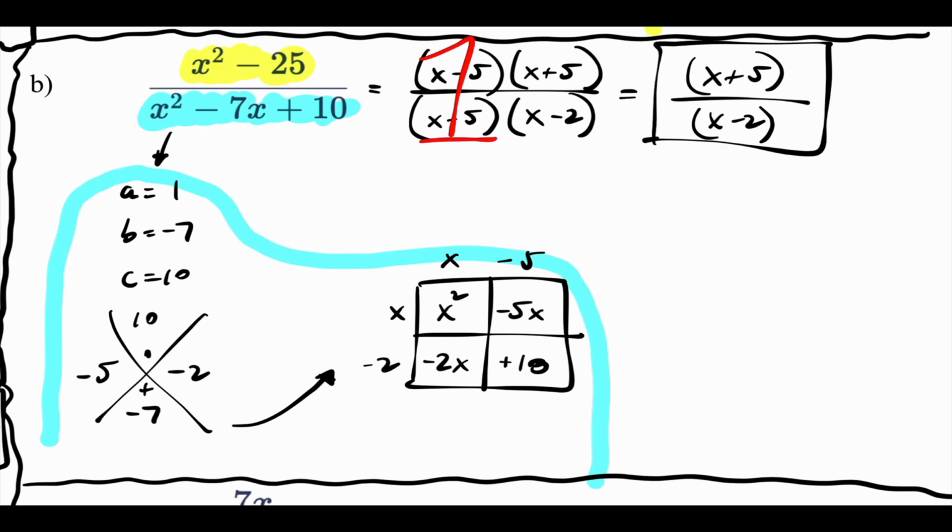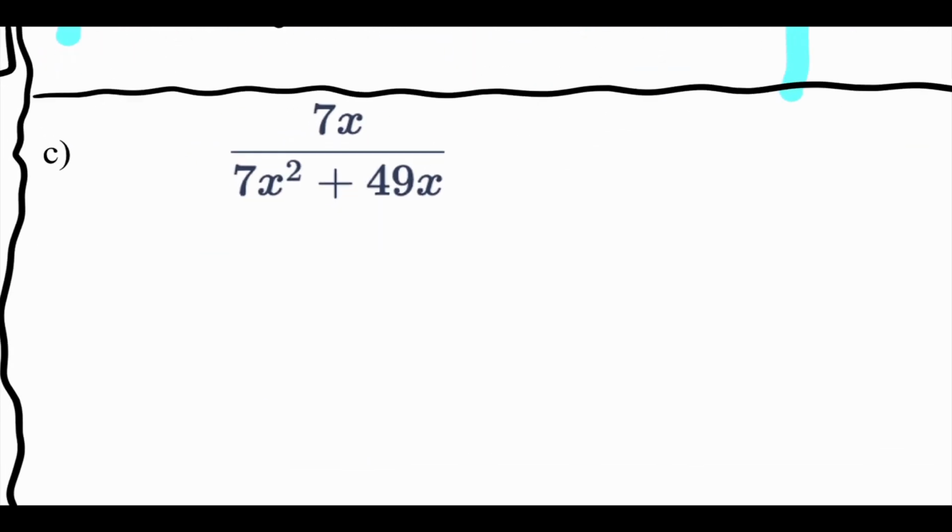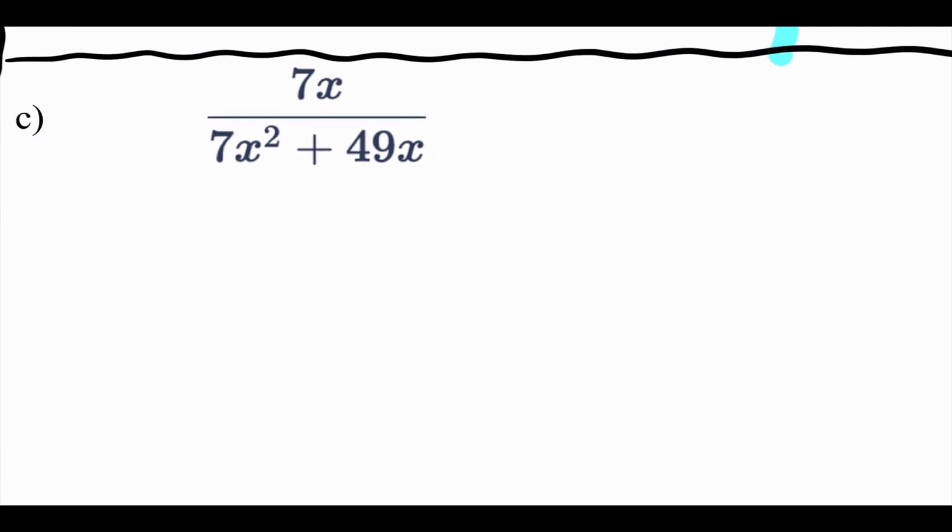Okay. All right, one more. Last one. Okay, so I got the top and I got the bottom. The top is not a binomial. It's not a trinomial. It's a monomial.